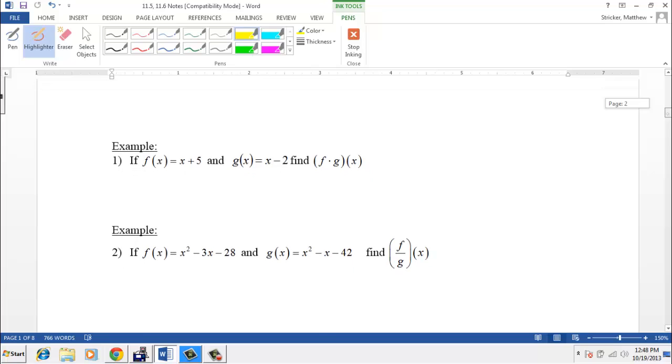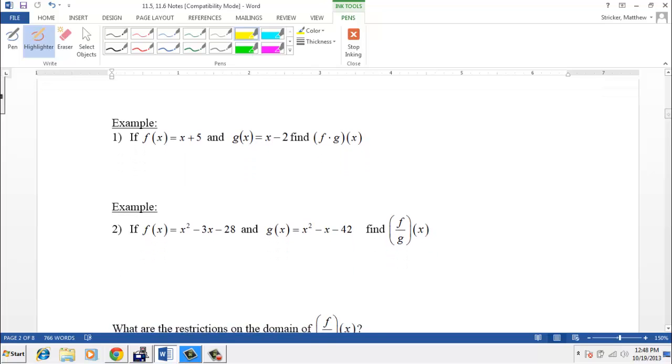And so go back here, we got another couple of examples here. If I take f times g of x, this notation means f of x times g of x, which is going to be x plus 5, which is f of x, and then x minus 2 is g of x.